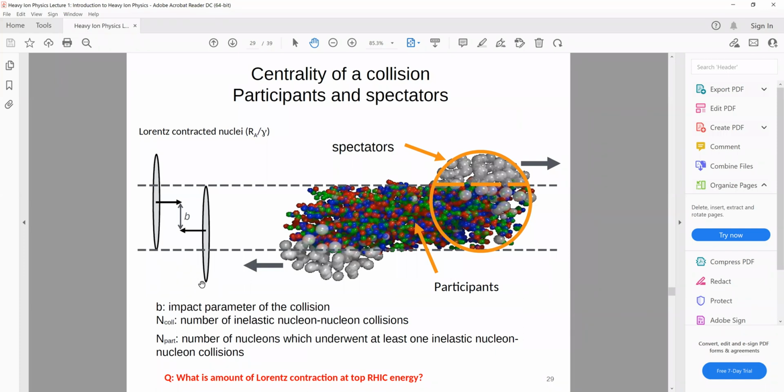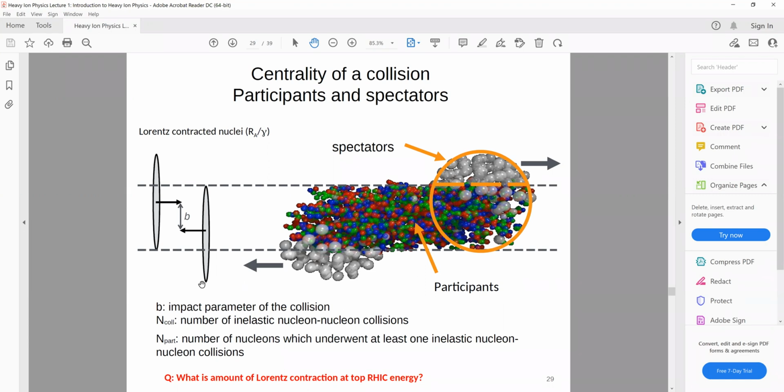Okay. Now the number of inelastic nuclear collisions. In the collision zone, the nucleons from the two colliding nuclei will collide with each other. The number of inelastic nuclear collisions is what is known as the number of binary collisions, N coll. Why are we interested in the number of inelastic nuclear collisions? Because ultimately we are interested in particle production in heavy ion collisions, the produced particles.